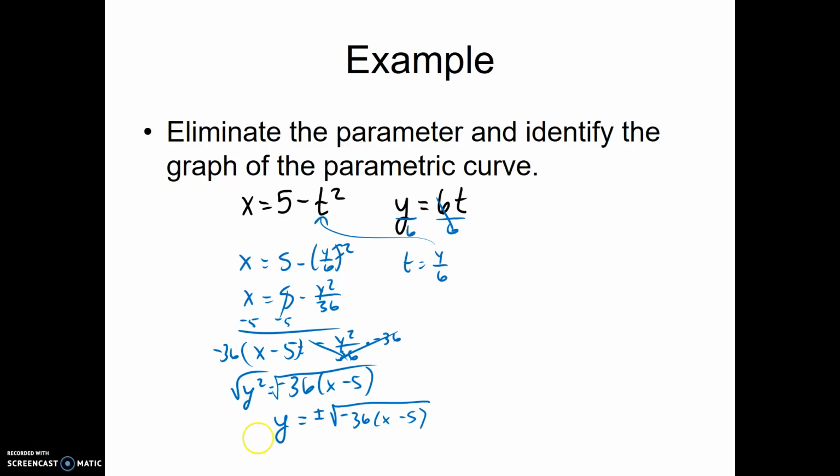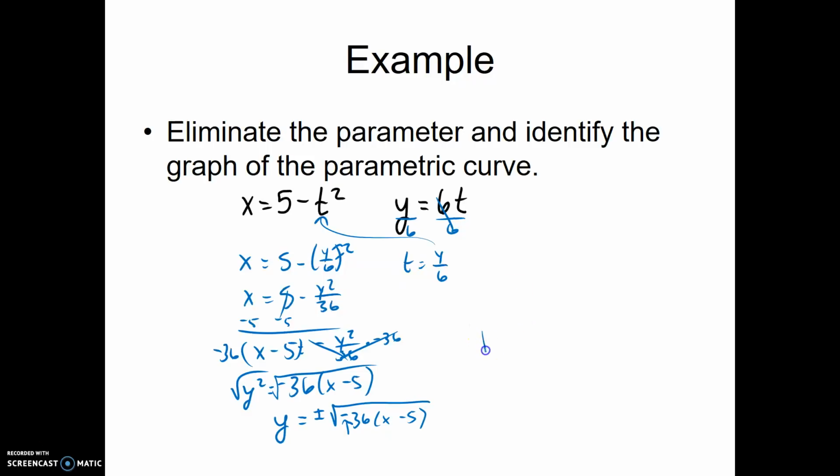So when you do have a y equals a square root, it is a parabola. A parabola that opens to the left, though, so it's that sideways facing parabola. It's going to open left because of this negative that reflects it left and right. This goes back to some of our graphing ideas.